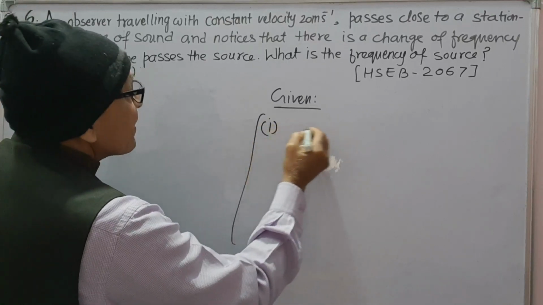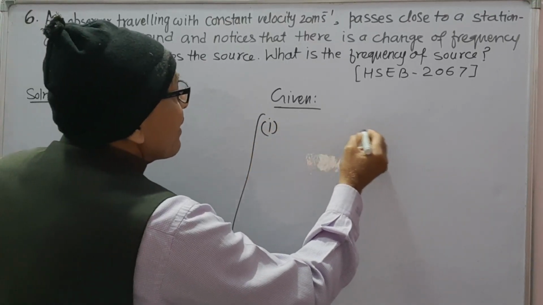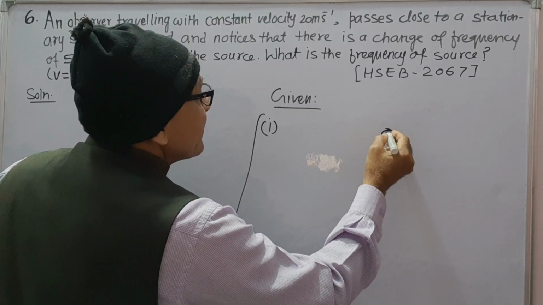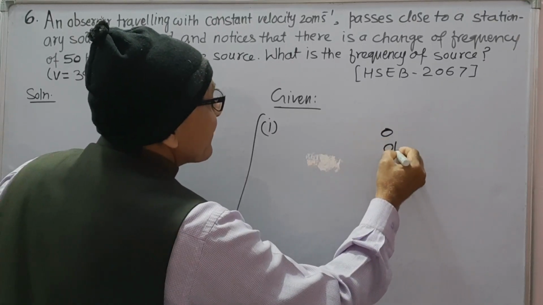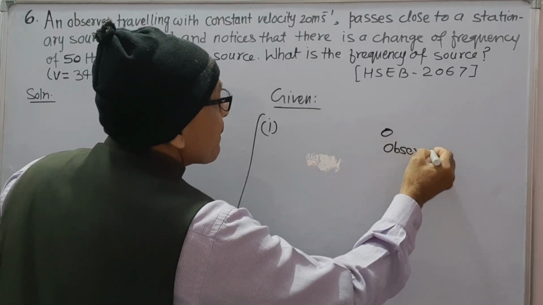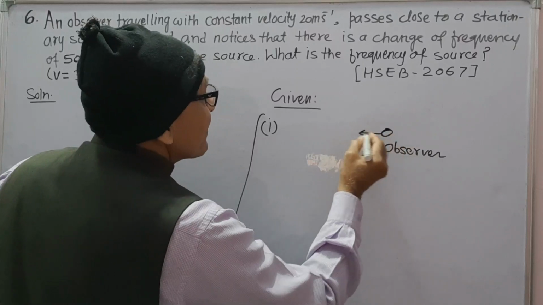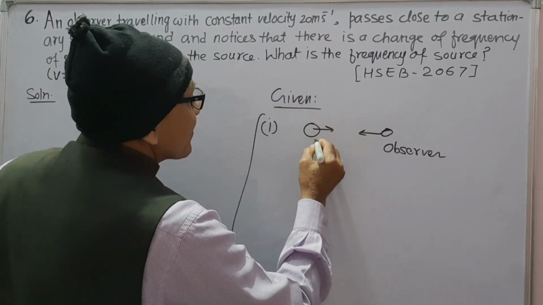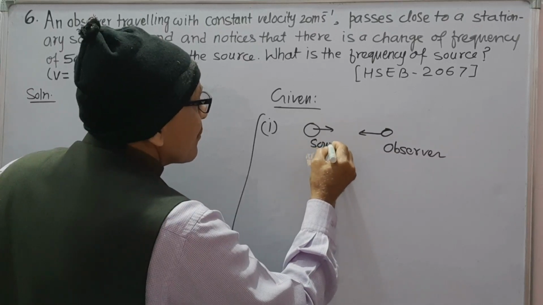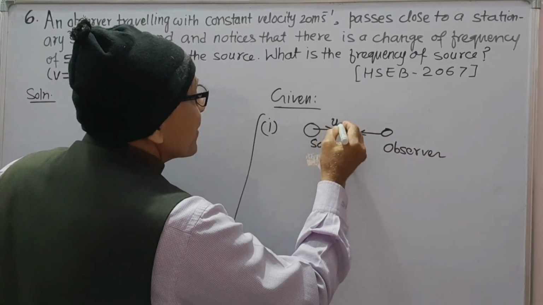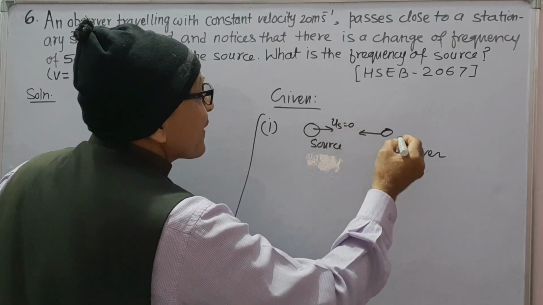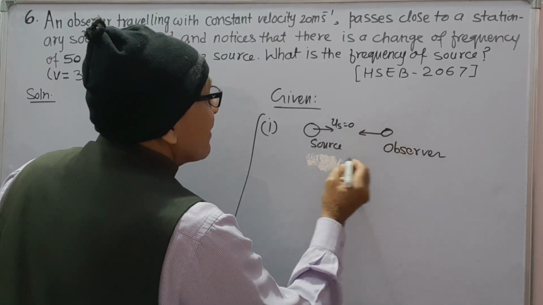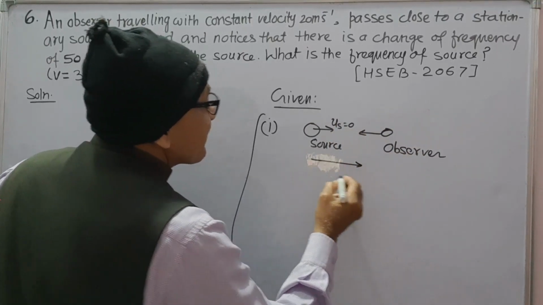In first case, this is observer moving towards a stationary source. This is source, US is 0. Sound is moving towards this side.